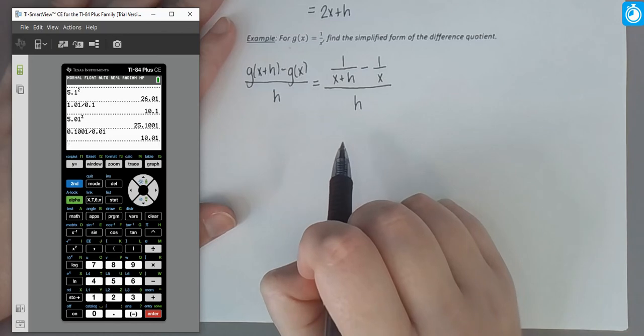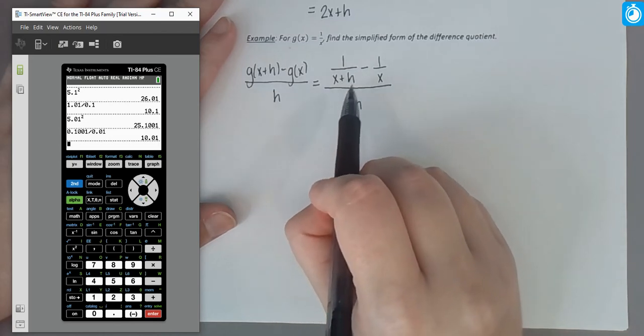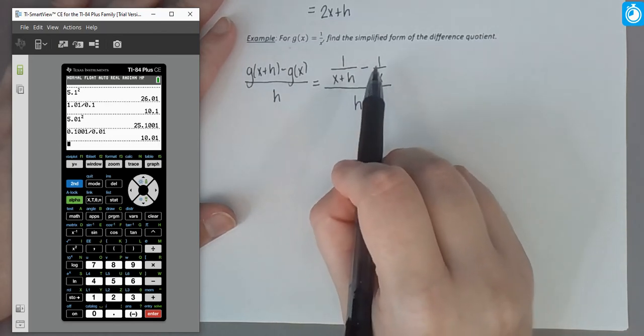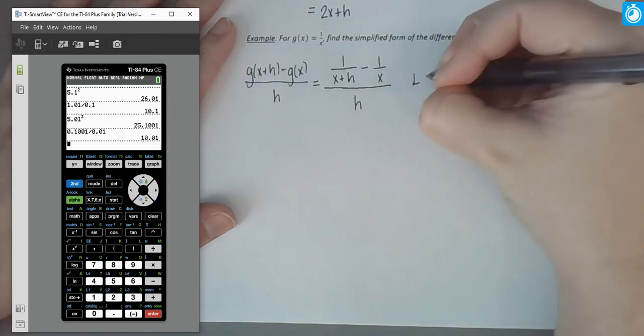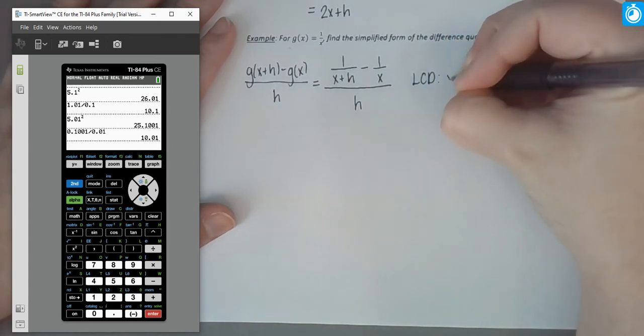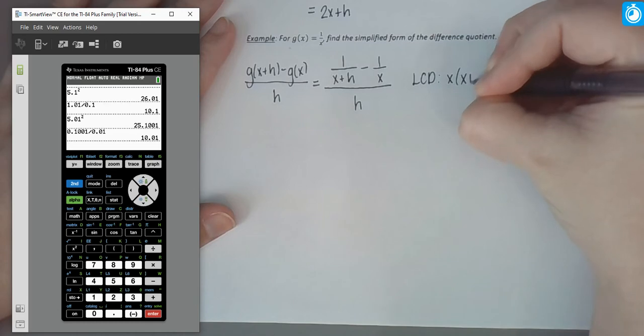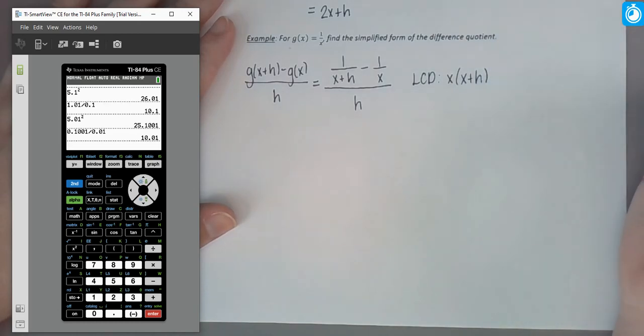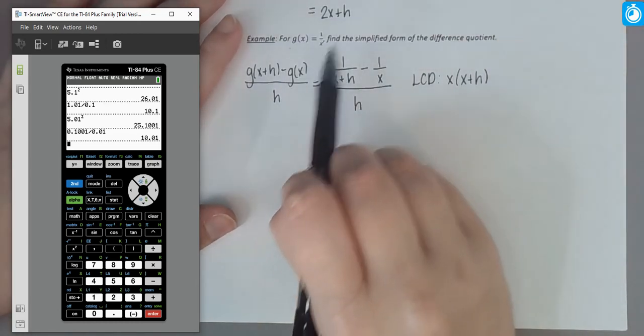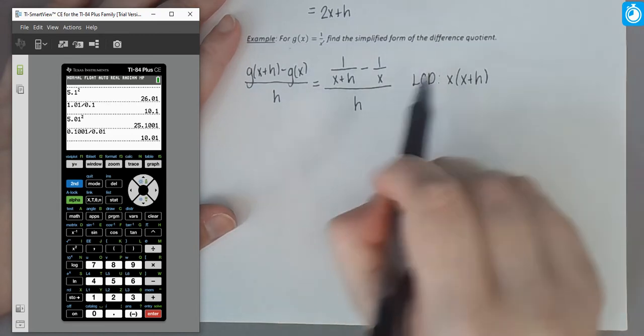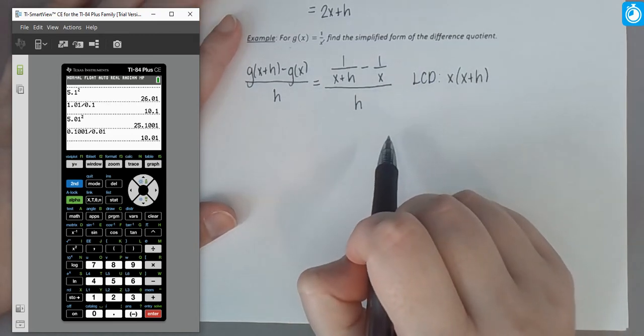That means the common denominator we need will require both an x plus h and an x. So our least common denominator is going to have the factor x and the factor x plus h. That's what we want to convert these to.